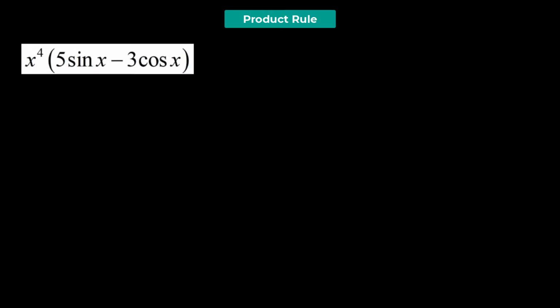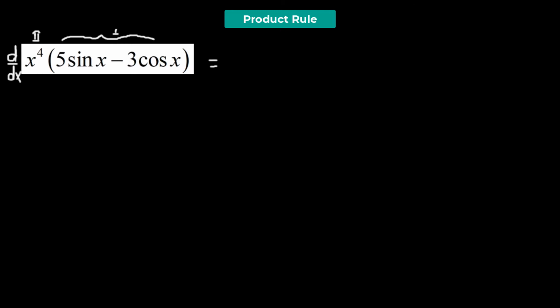So here we have the function x raised to the power of 4 multiplied by 5 sine x minus 3 cos x. So let us treat 5 sine x minus 3 cos x as the first function and x raised to the power of 4 as the second function. Then we find the derivative with respect to x.